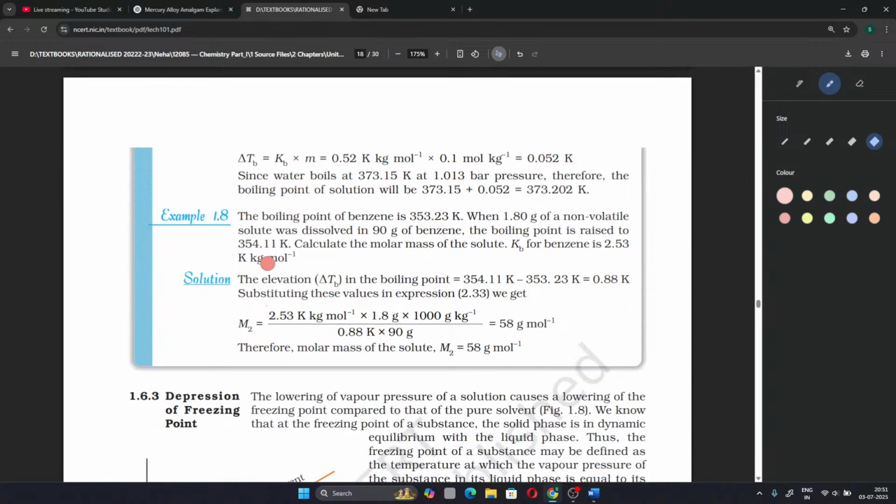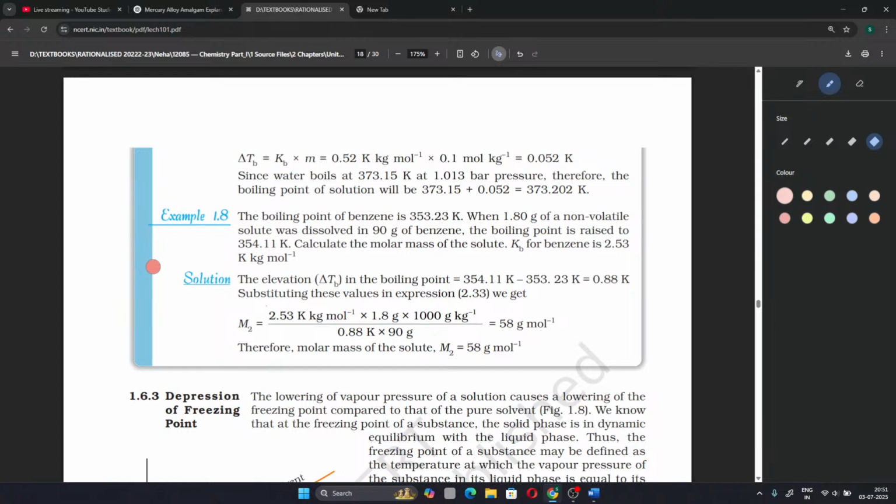The boiling point of benzene is 353.23 Kelvin, the normal boiling point, when 1.80 gram of non-volatile solute was dissolved in 90 gram of benzene.